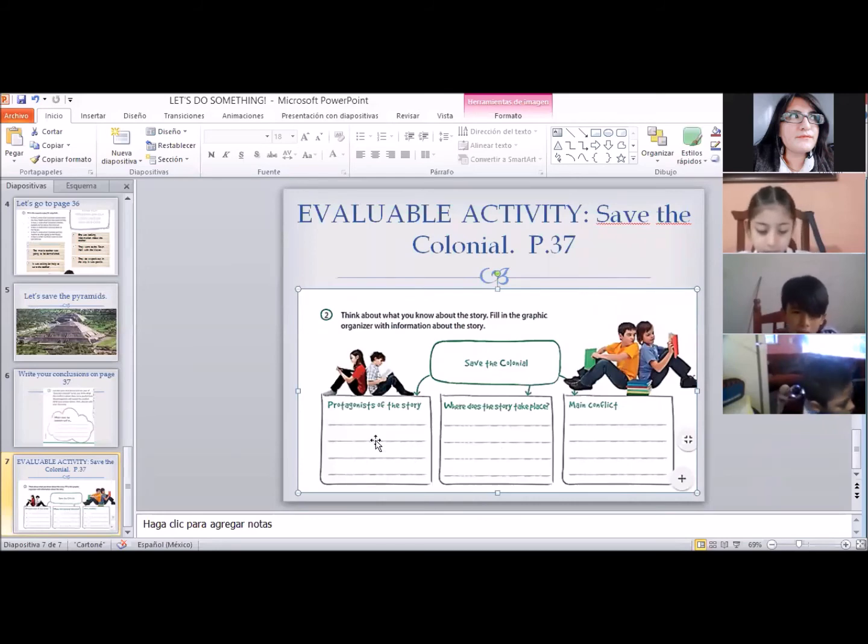In the number 1, you're going to write the protagonist of the story, the characters that participate here. In the number 2, where does the story take place? In what place they make the speak out? And the number 3, the main conflict. What was happening in the story? I need you to complete the chart and upload it in the available activity, Save the Colonial, that you already have here in your platform, okay?